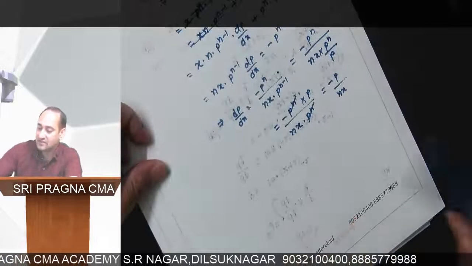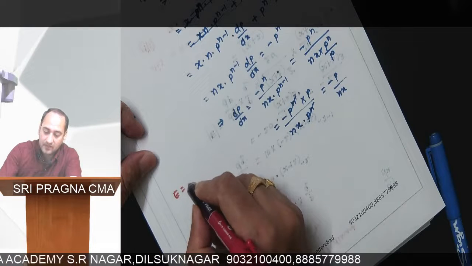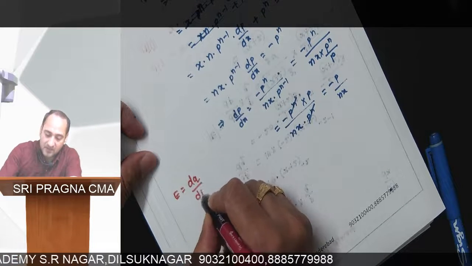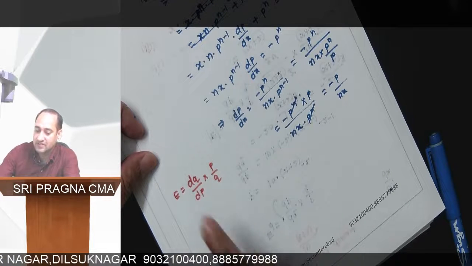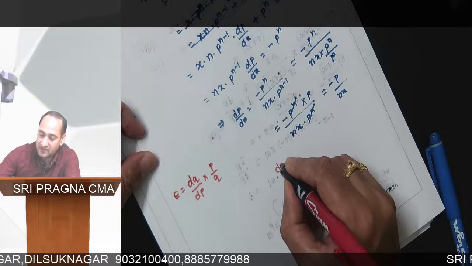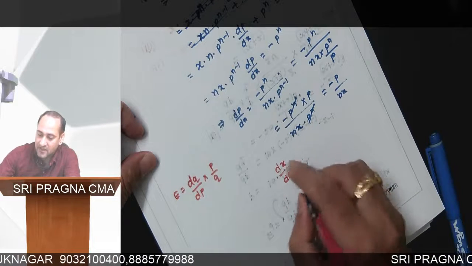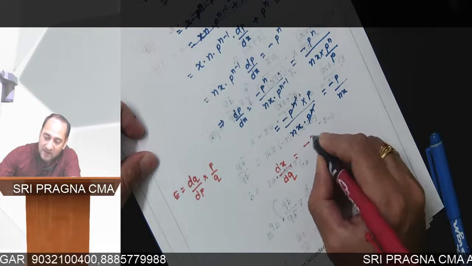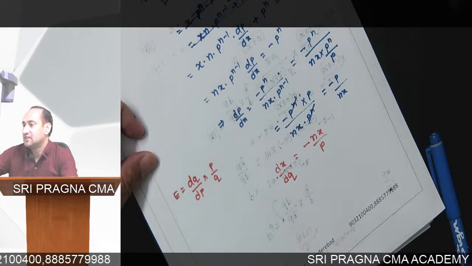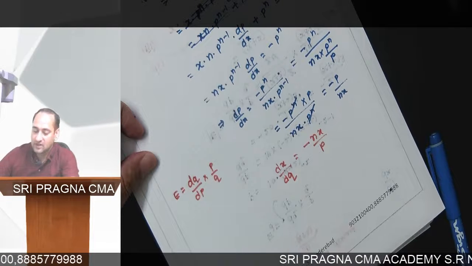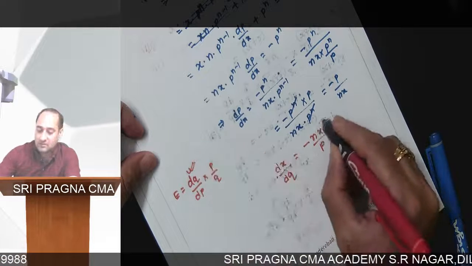You know the elasticity of demand value E is equal to dq by dp into p by q, right? So this is the value. So let us write dx by dp, it is x here, yes, dp by dx is equal to minus p by n x. Is it okay for all of you? Just I have done the reverse. Now we have got the value of this part, we have got the value of this part, right?